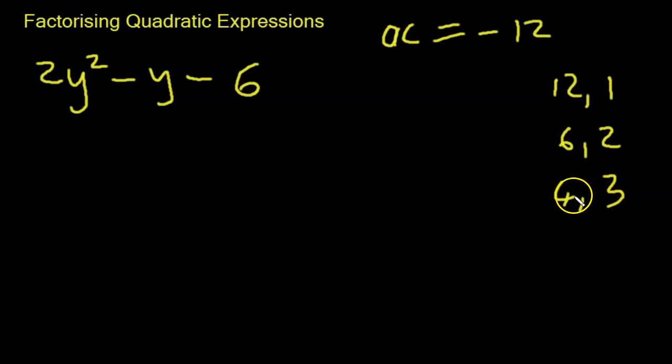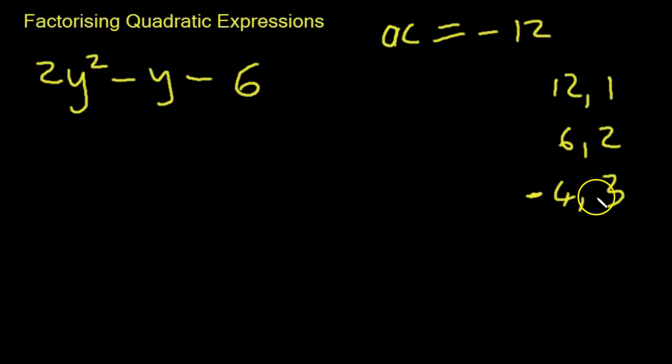So whatever set of numbers we use to rewrite minus 1y, of course, when you add or subtract these numbers, you need to get minus 1. And when you multiply these set of numbers, you need to get, of course, minus 12. Alright? So it's a matter of which of these do we put the negative sign on? If we put it on the minus 3, it's plus 1. But it's negative I want, right? So we put it on the minus 4.